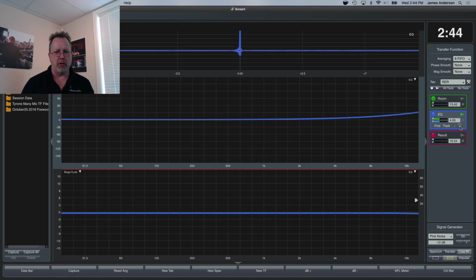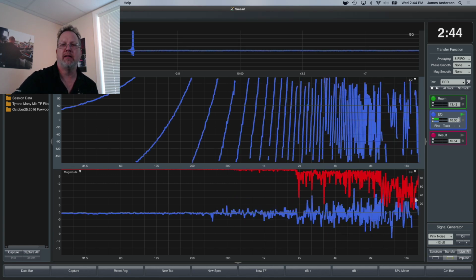So the next thing I'm going to do, what we've been doing is moving the reference signal around. So we have the measurement signal fixed, and I'm moving the reference signal around forwards and backwards. So the next thing we're going to do is take that delay time and set my measurement delay to 10 milliseconds.